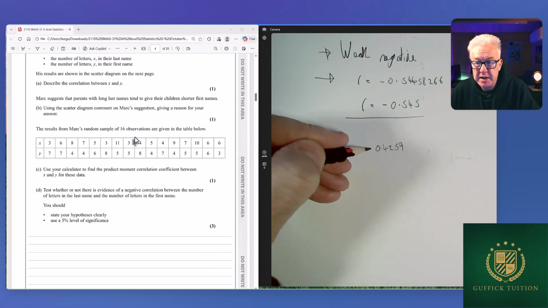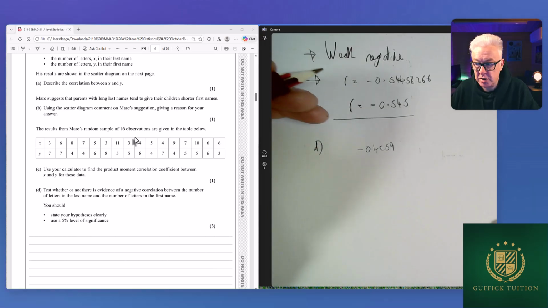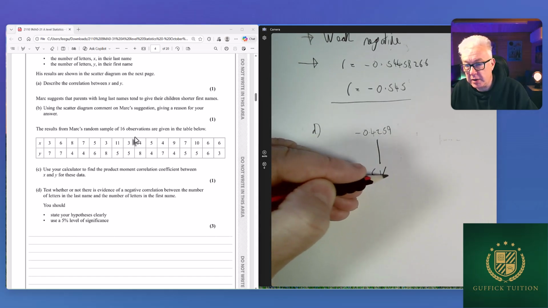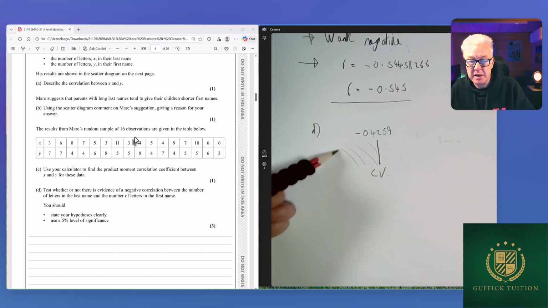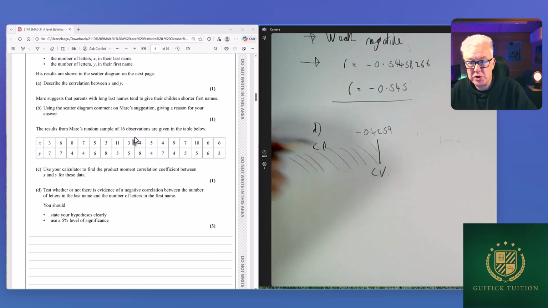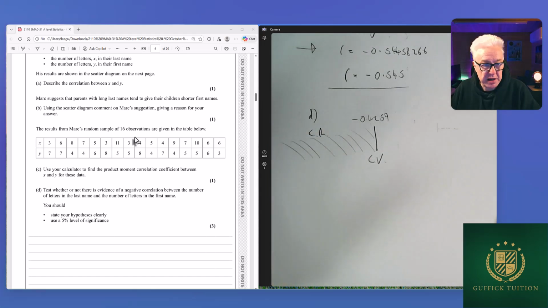So we're going to be using minus that value because we're testing for a negative correlation. Okay. So this is what we would say is our critical value. Which means that everywhere to the left of this is going to be our critical region. Okay, so if I write CR for critical region there. Okay, so we know we've got everything set up ready for doing it.